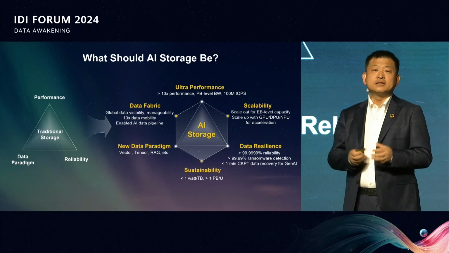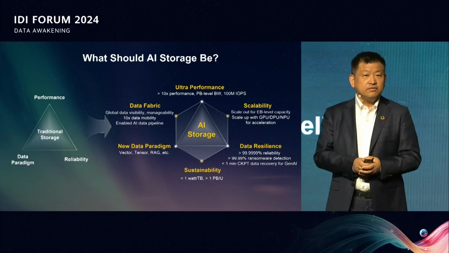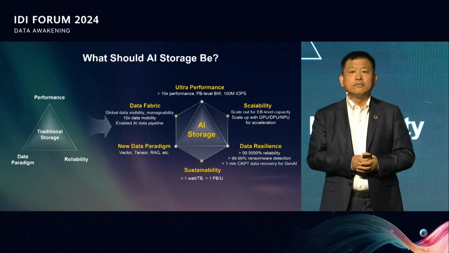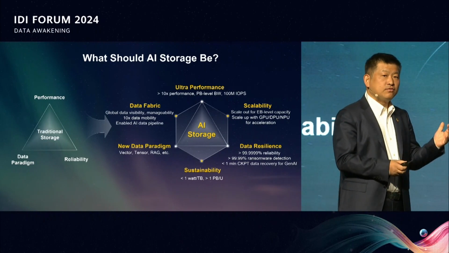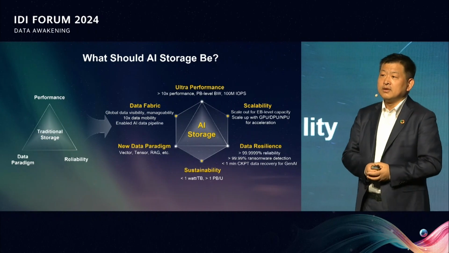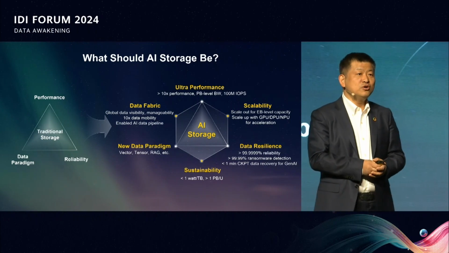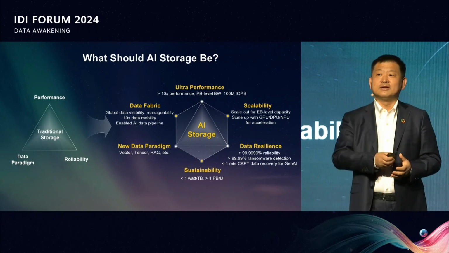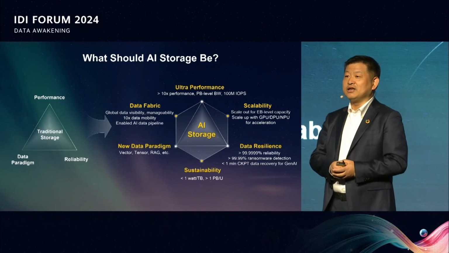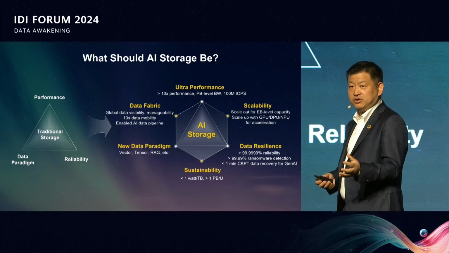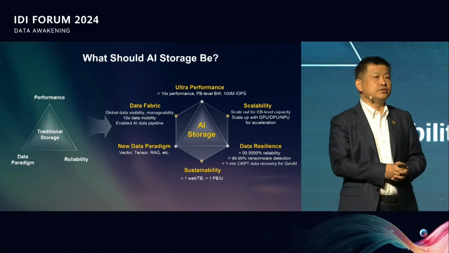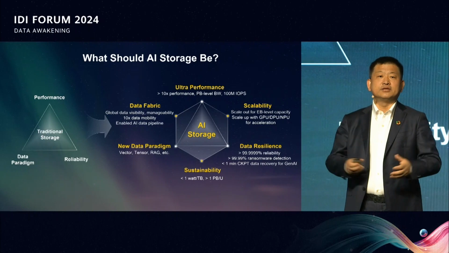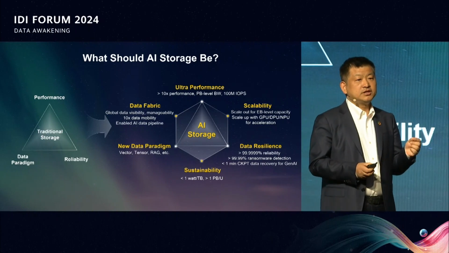On the other hand, scalability. We need very good scale-out capability to support EB level capacity expansion. And very important, we also need scale-up capability by adding DPU or GPU or CPU adapters into the data storage, to facilitate computation close to the data storage.